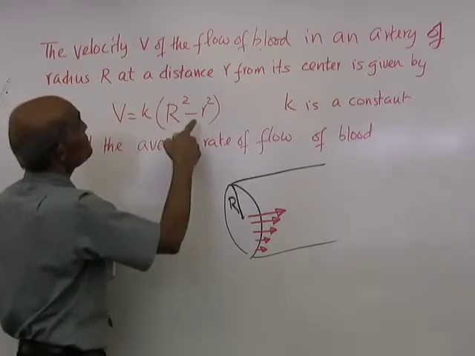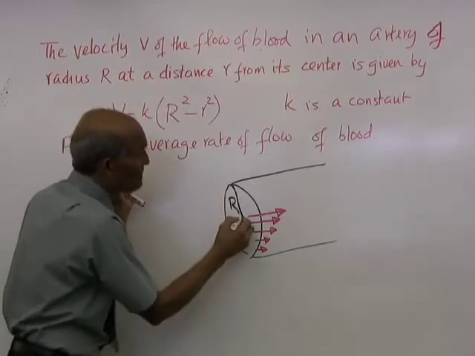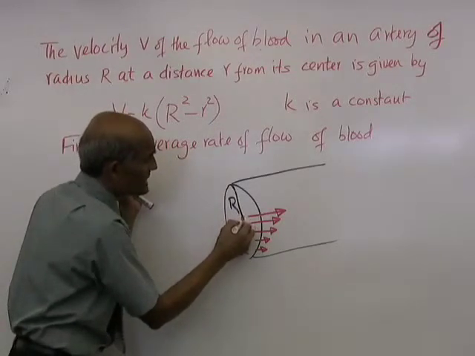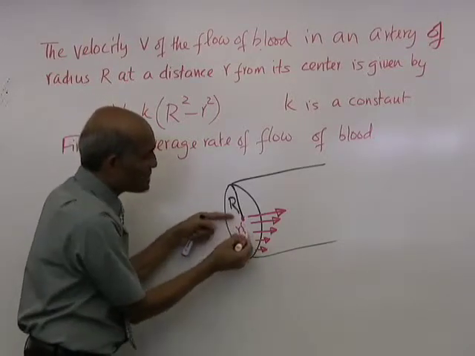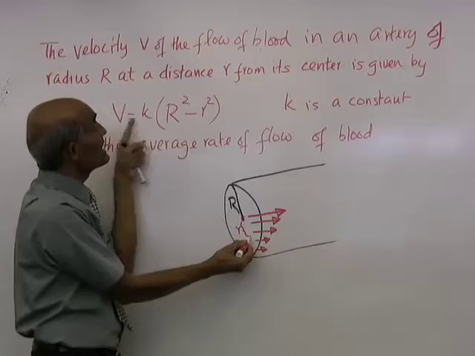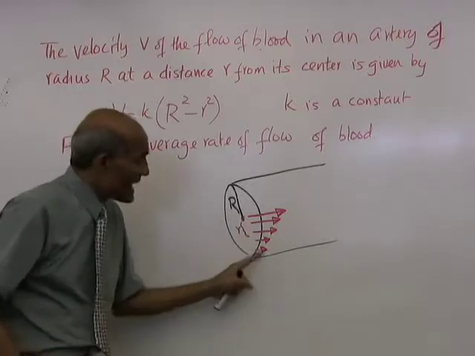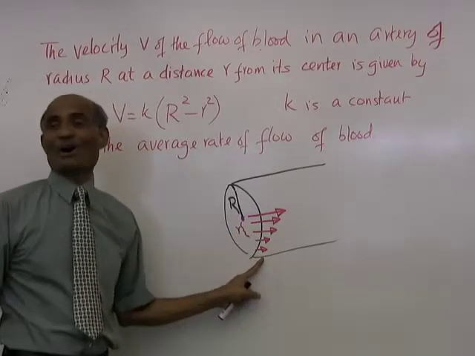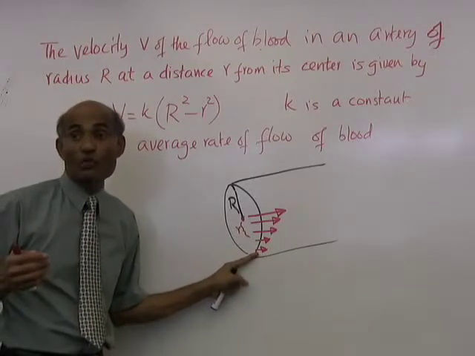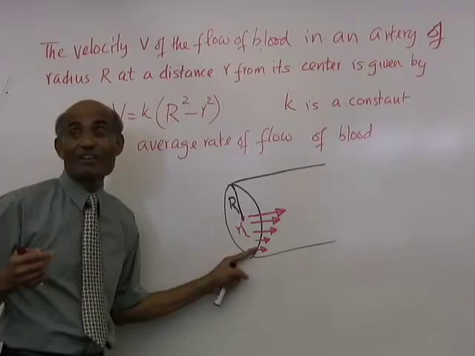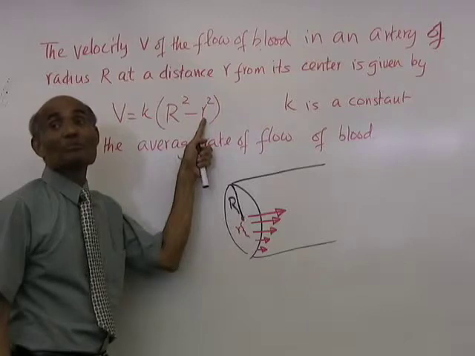We are told that this expression is for the speed of blood at a distance r from the center. This is the center, and that's the distance r. At a distance r, the speed is this. Now tell me, what is the speed of blood along the wall of the vessel? If you take a point on the wall, then lowercase r is the same as uppercase R. Then R squared minus r squared will be 0.